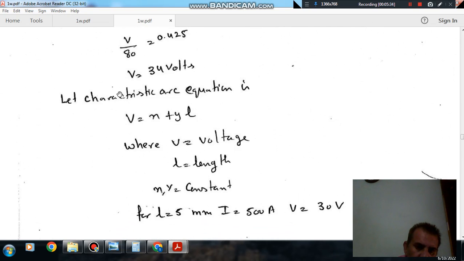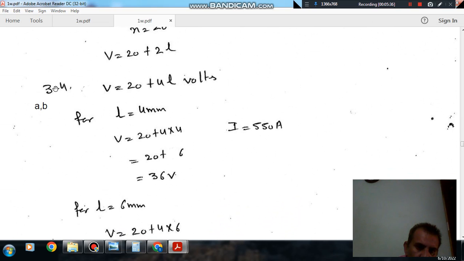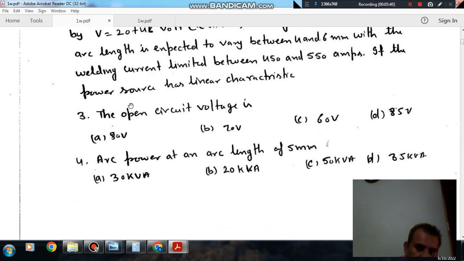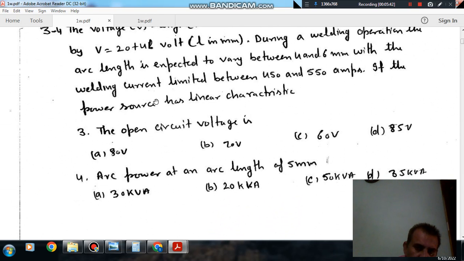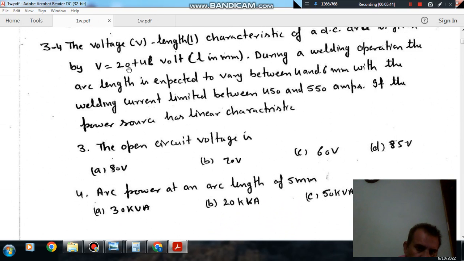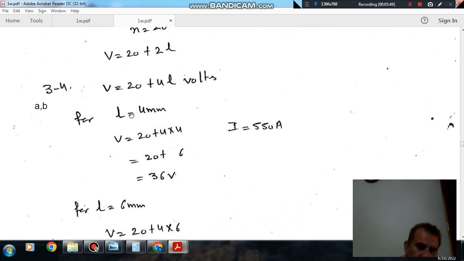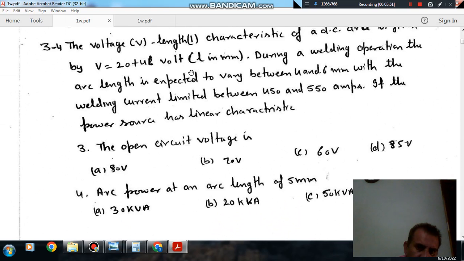So here the characteristic arc equation is given as V is equal to 20 plus 4L. Now the length is varying between 4 to 6.